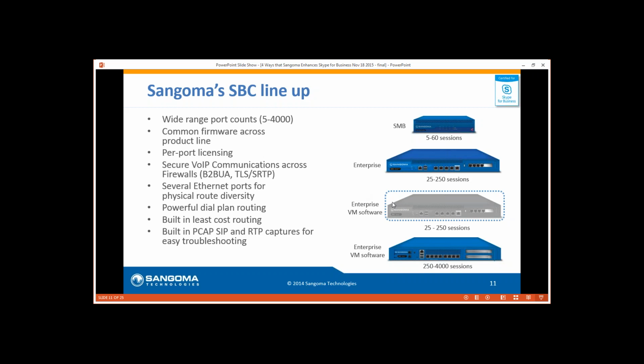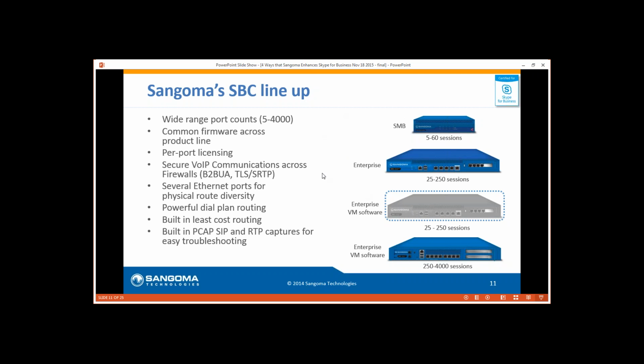This shadowed image here with the dotted line is our software version of the SBC. So if you as a customer or integrator need to deploy in a virtualized manner, then all the functionality of our SBCs is available in the virtual machine software.